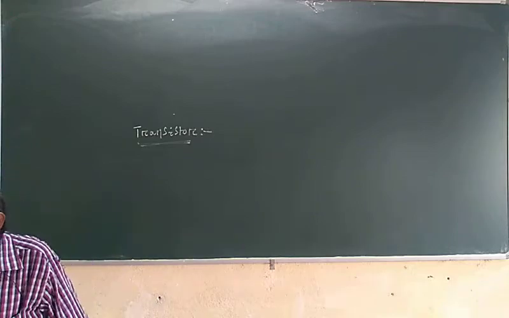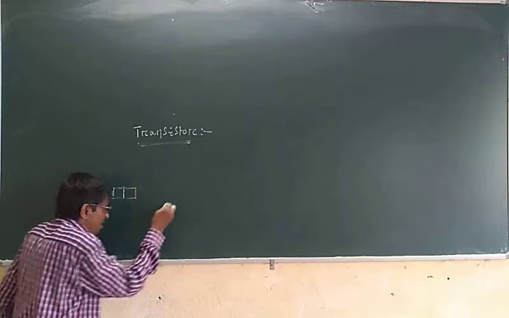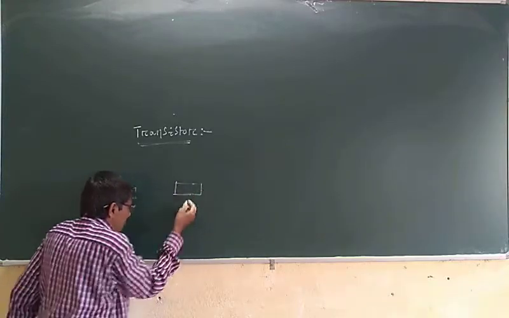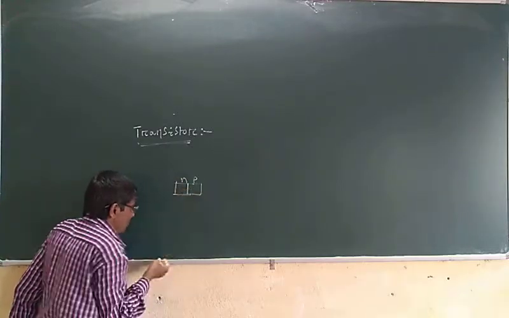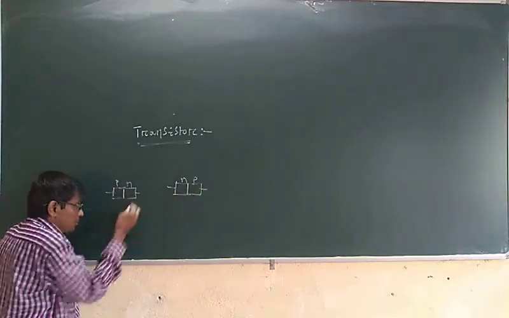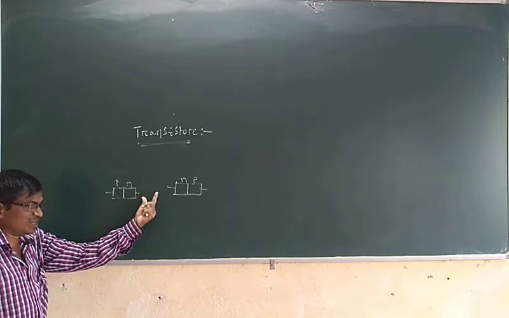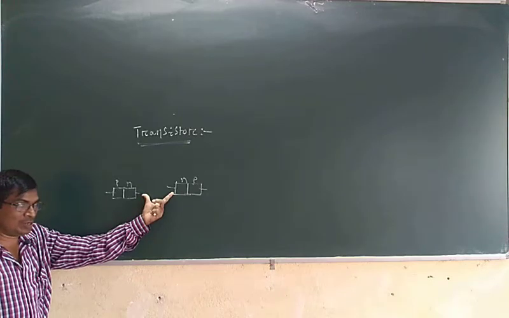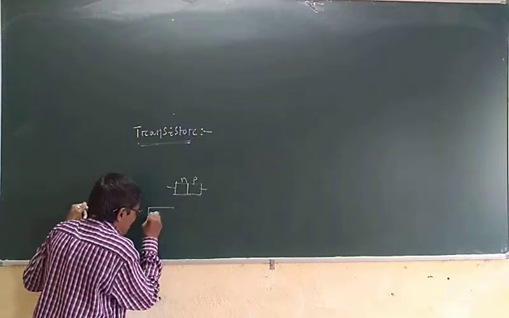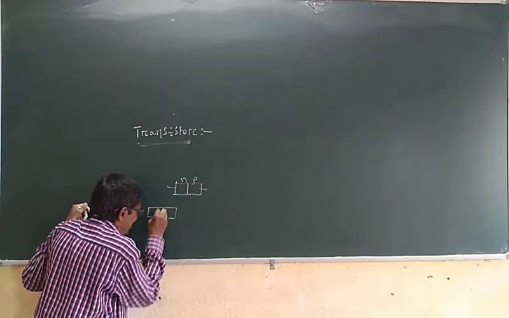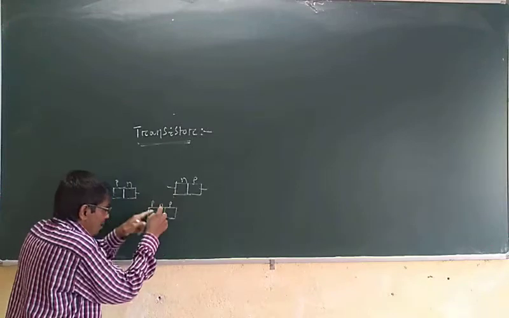Suppose a PN junction and another PN junction are combined back to back, so that a layer is common. The device is like this: P, N, P. Now this N is common.